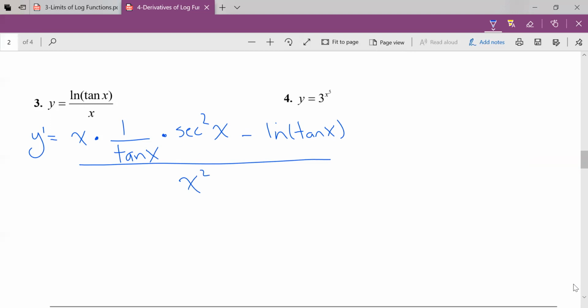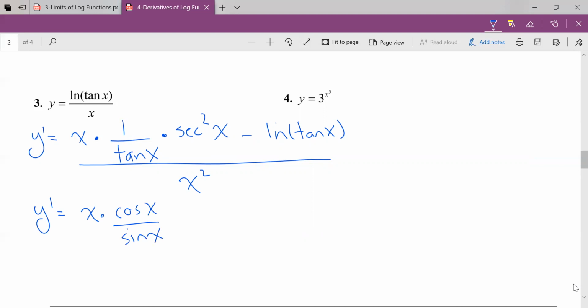Okay, let's start simplifying this thing here. Well, what do we really have now? What I want to see here is I got 1 over tangent. Well, that's really cotangent, which is cos over sine. I'm just going to do a little bit of trig simplification here.